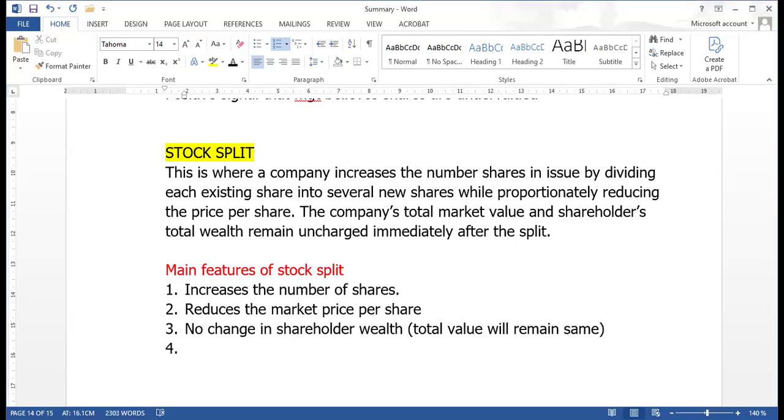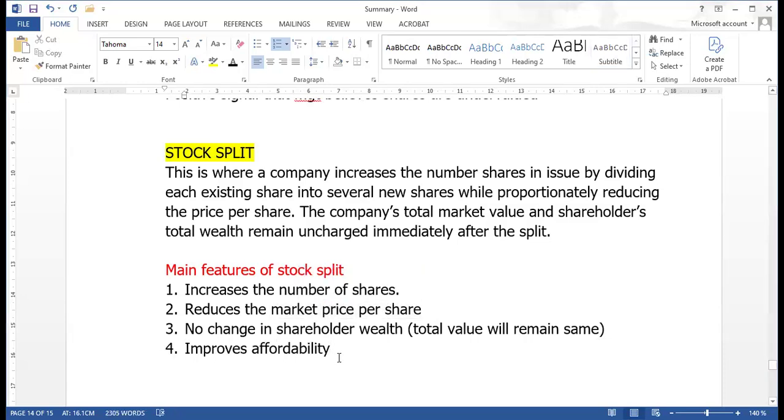Okay, what else can we put? It improves affordability. It improves affordability because the share price has reduced.